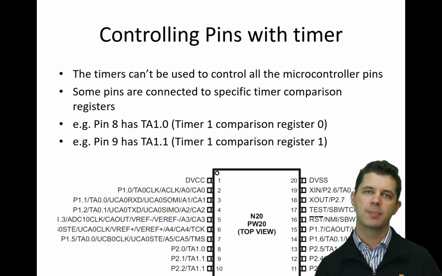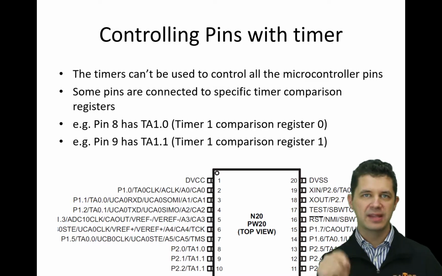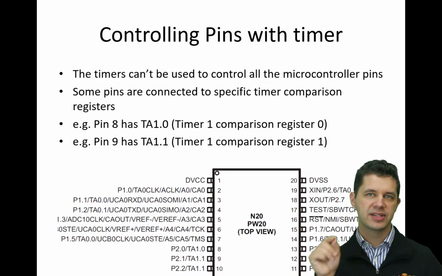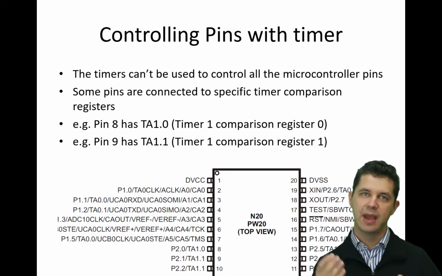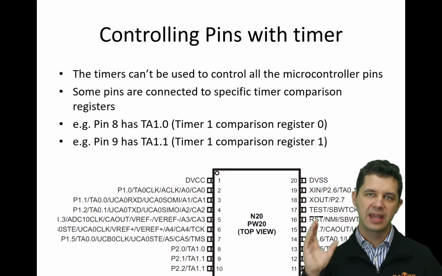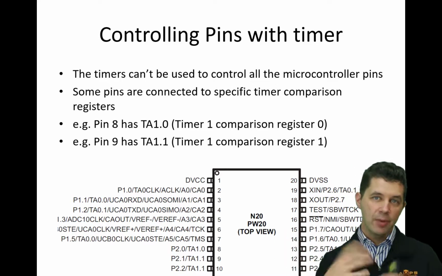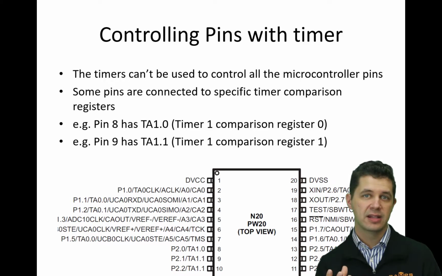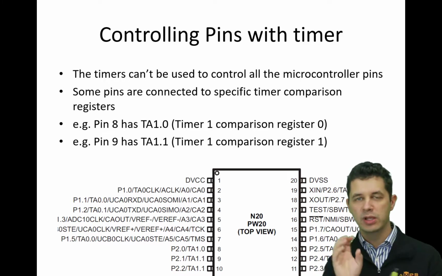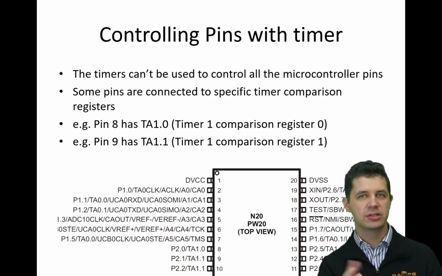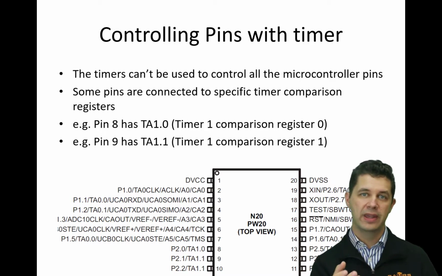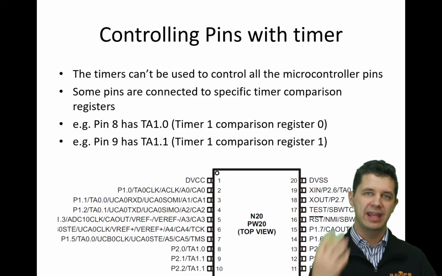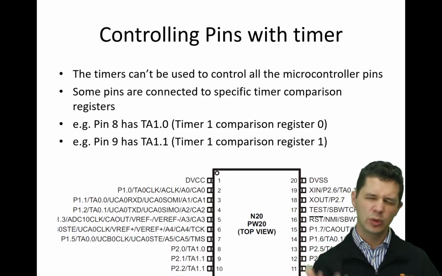And what that's basically meaning is that pin can be connected to timer 1 comparison register 0, or timer 1 comparison register 1 for TA1.1. So you'll see in our little diagram there, some of them are connected, but not all of them are connected. And so when we're designing our schematic, if we want to use something that has a timer pin associated with it, we need to connect it to the right thing. Otherwise, we'll be doing all sorts of annoying things and generating interrupts to then try and flip a bit. We want to avoid doing anything like that.